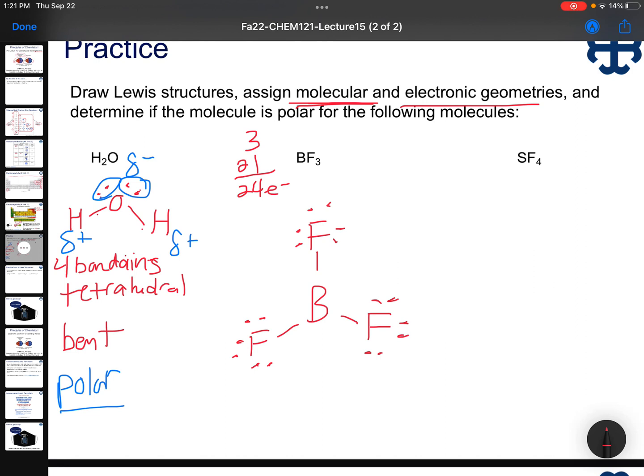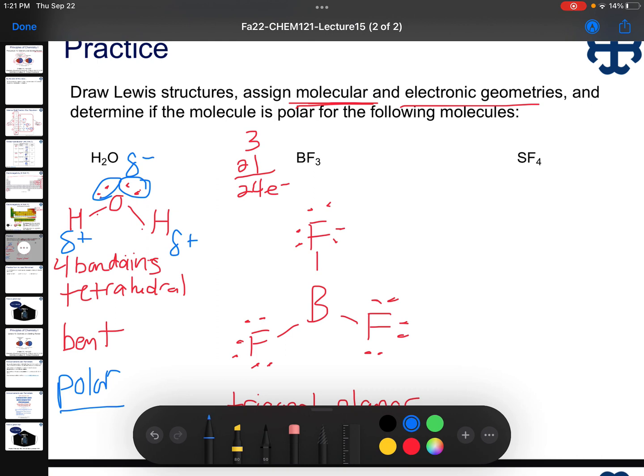And hopefully you remember that boron is one of our atoms that is fine just having 6 electrons. So this would actually be our complete Lewis structure. And because we only have bonding groups, our molecular and electronic geometries are going to be the same. And it's going to be a flat molecule, so we don't need to put wedges or dashes. This is called trigonal planar, right? Of course, if you were to look back at the table, you would see that that is its geometry.